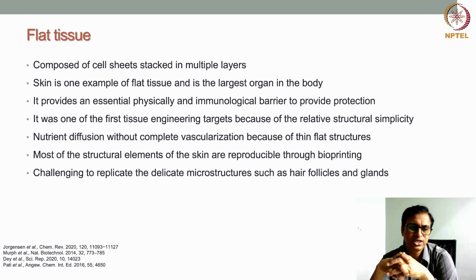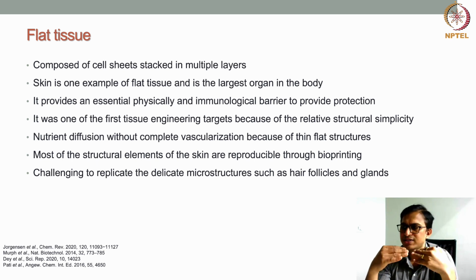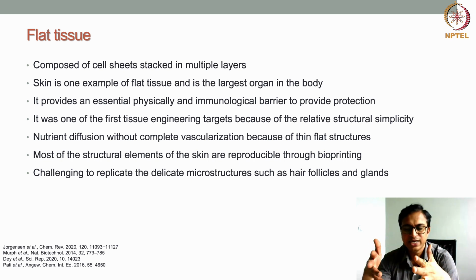Without vascularizing the whole tissue, we can supply nutrients, oxygen, and address all other metabolic requirements. That's why bioprinted skin, even without any vascularization, can sustain itself, be useful, and perform its function.